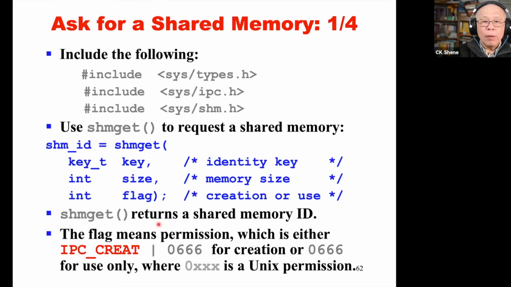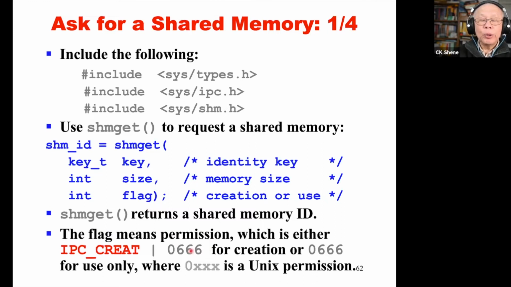So if you wish to create a shared memory, use this part. Or if you want to get the shared memory just to use it, that means the shared memory has already been created by someone else who used this as the third argument.